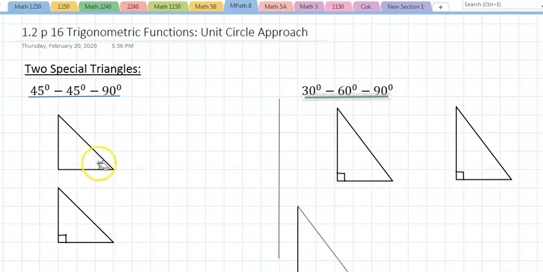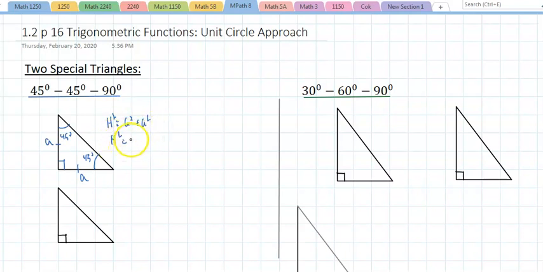If I'm talking about a right triangle with 90 degrees, if this is 45 degrees, this is automatically 45 degrees, which means whatever this side is, this side is. And if I use the Pythagorean theorem, the hypotenuse squared is a squared plus a squared.